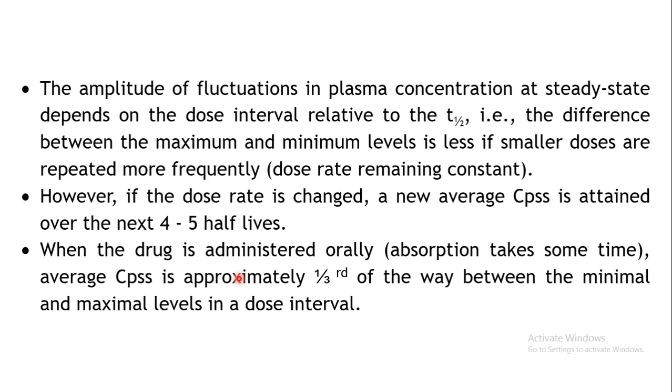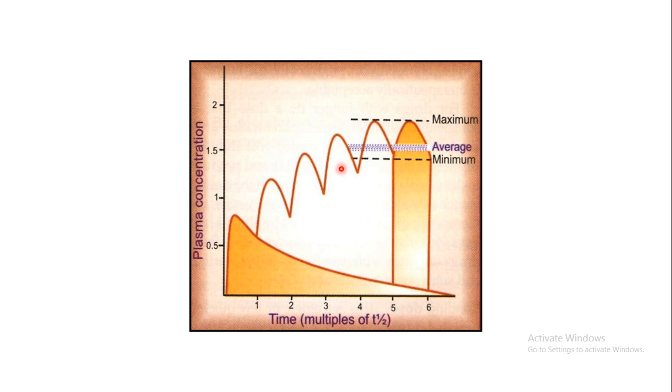Okay, so this fluctuation in the plasma concentrations, ideally, is not acceptable. Average CPSS, you can say, is at about 1/3 of the level of this fluctuation.